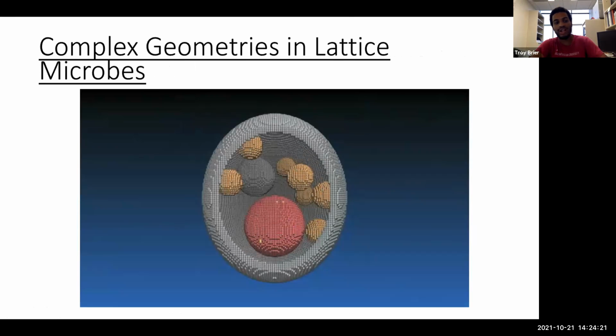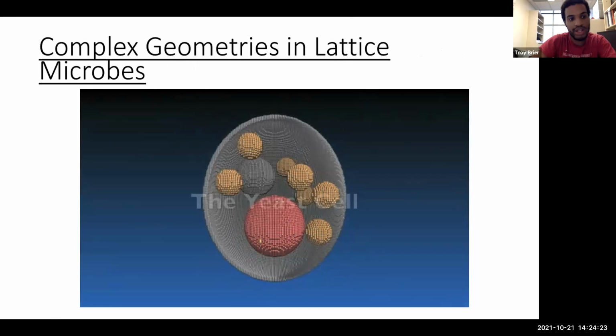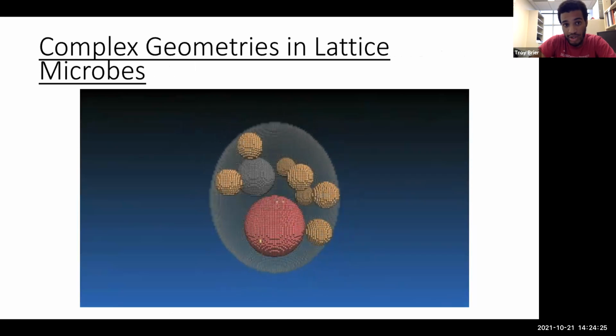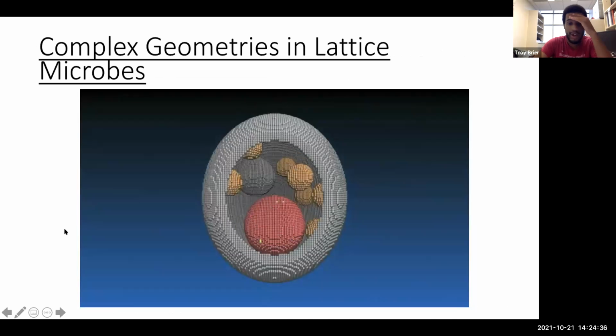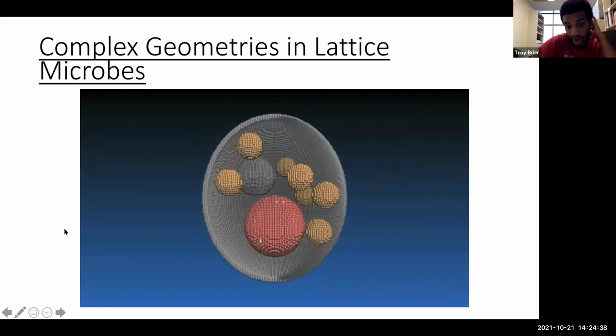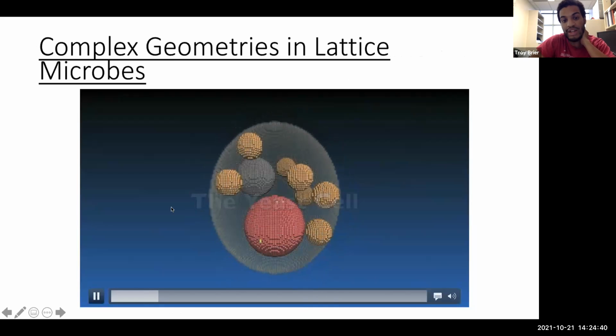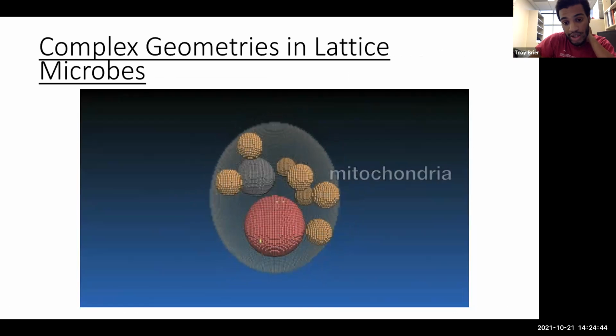So here are some examples of the spatial ideas that you can do in Lattice Microbes. What I'm showing here is the reconstruction of a yeast geometry using Lattice Microbes. This will also be a part of the tutorial, where you'll get a better understanding of how you can construct physical representations of your systems.